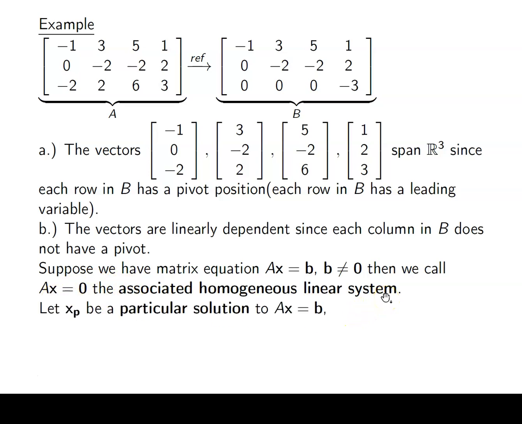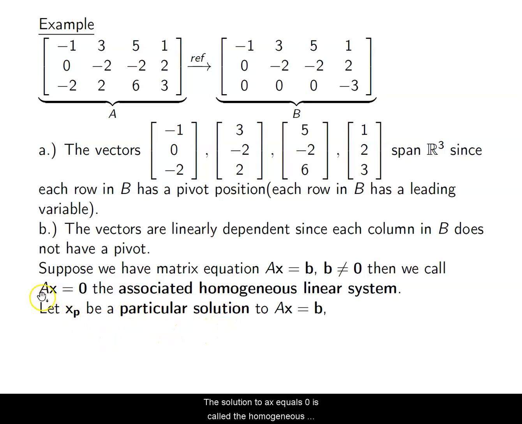The solution to our original AX equals B is called a particular solution, and we call it X sub P, because remember, X is my solution vector. So X sub P is the particular solution.